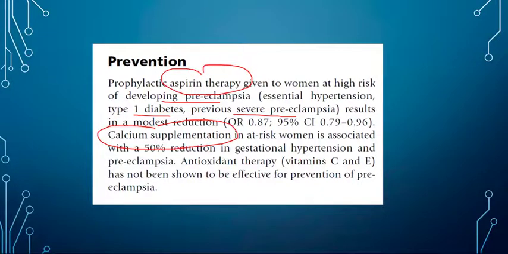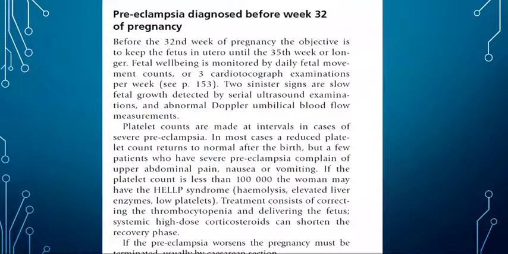Okay, these are the two which are mainly proven effective. Now, based on the age of gestation, the treatment of preeclampsia will be a little different. So let's say a patient has developed preeclampsia before 32 weeks of pregnancy. Usually, if a patient develops preeclampsia, that means it's not an imminent eclamptic or eclamptic patient, just a mild to moderate preeclamptic patient.